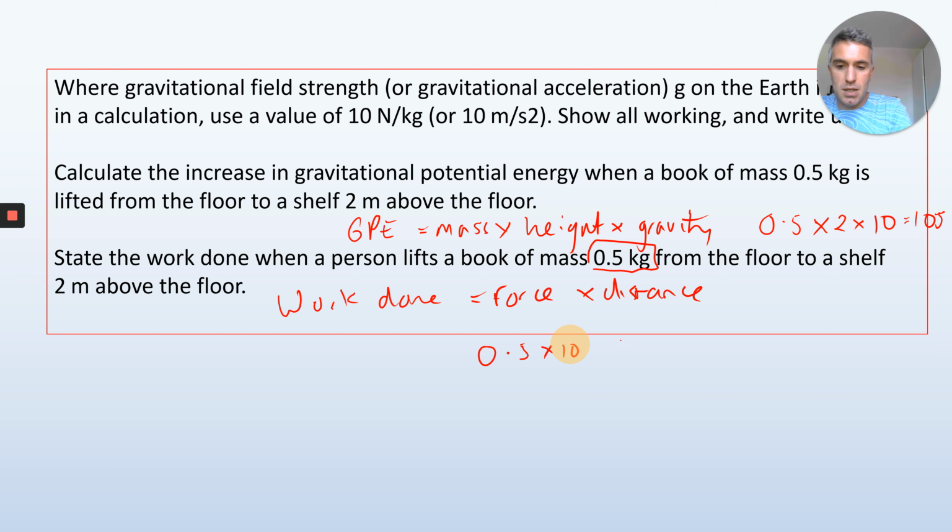And the distance is 2 meters. 0.5 times 10 is 5, times 2 is 10. So, note, those are the same thing. The gravitational potential energy is the same as the work done when you're moving vertically.